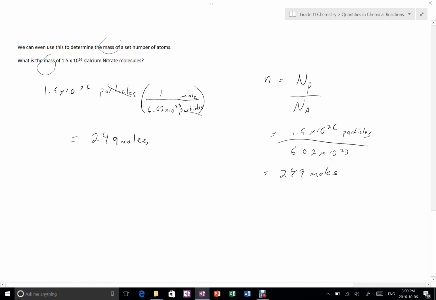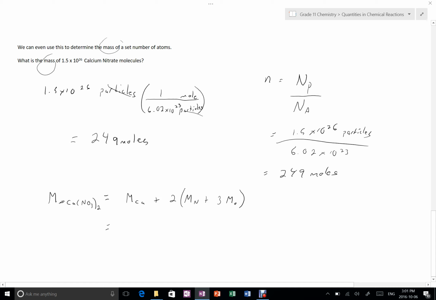So now we need the molecular mass, or the amount of mass in 1 mole of these things. Calcium nitrate is Ca, careful here, it'll be NO3, but calcium was a 2, so when I crossed it over, it's a 2. So I need the molar mass of calcium plus 2 times the molar mass of nitrogen plus 3 times the molar mass of oxygen.